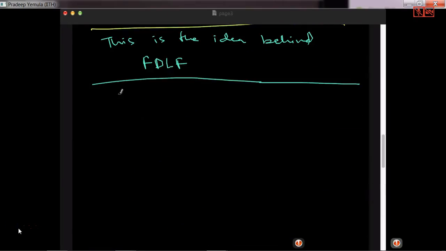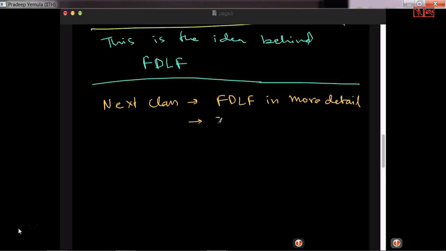Behind FDLF, next class we'll see fast decoupled load flow in more detail. I think there will be some derivation also.